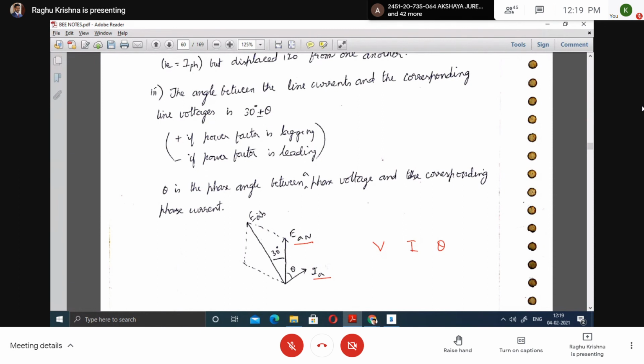The angle between the line current and the corresponding line voltage is 30 degrees plus or minus theta, plus if power factor is lagging, minus if power factor is leading. So this is lagging, so the angle between EAB and IA is 30 plus theta.